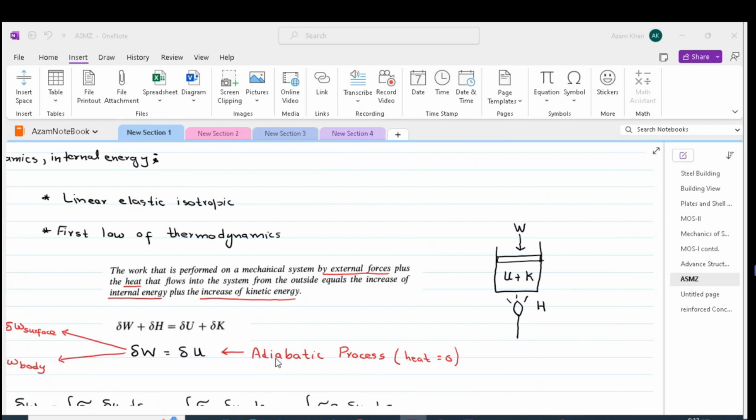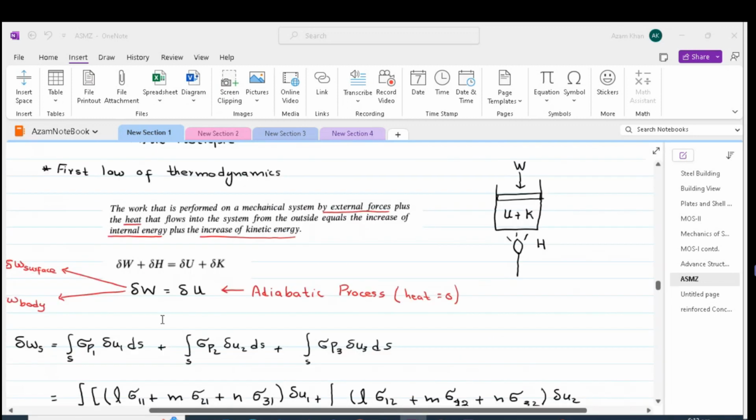If we assume an adiabatic process in which the supplied heat is zero, or in other words, no heat is externally supplied, then we are left with the change in work done equal to the internal energy plus kinetic energy. In structures, the kinetic energy of the system is very small and can be omitted.